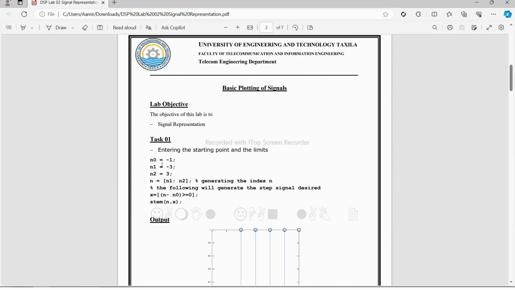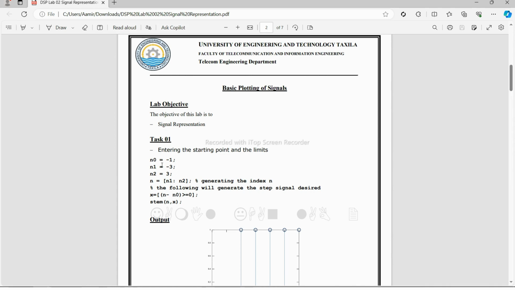Here n0 represents the lower limit, n1 represents the upper limit, and n2 is basically 3. It generates an index from n1 to n2.